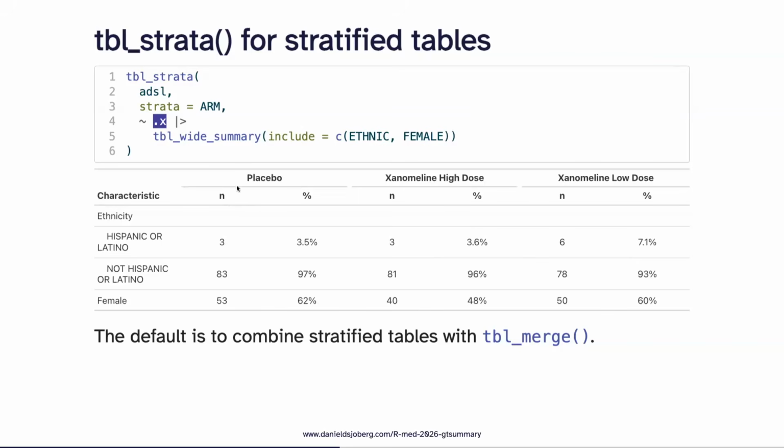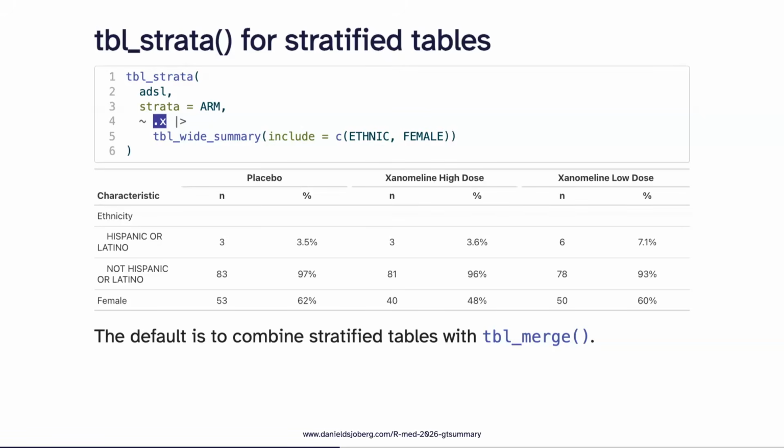What wide summary does is it makes you a table that gives you the characteristic column and then the N and the percent. So for ethnicity, it's giving us the N and the percent within placebo only. And by default, it's going to just merge all those rows together. So what it did is it independently built this table for placebo, independently for high dose, and independently for low dose. And then it took those three independent tables and merged them together.